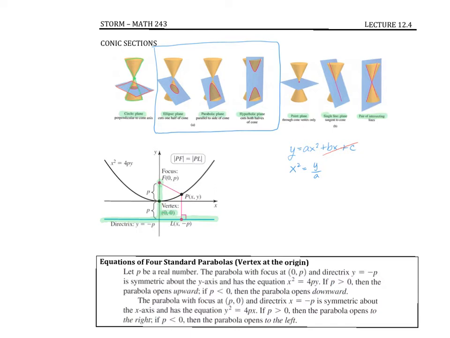So the property is that if you pick any point on your parabola, the distance from the focus to the point is going to be the same as the distance from the point to the directrix. And that would be true of any point that we pick on this parabola. The distance to the focus is going to be the same as the distance to the directrix.